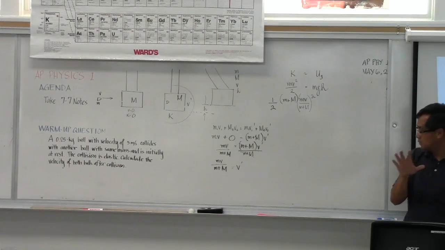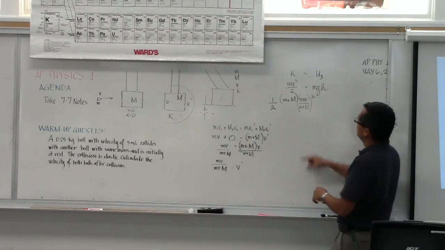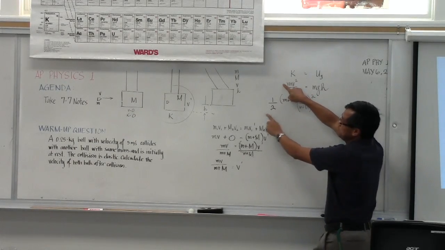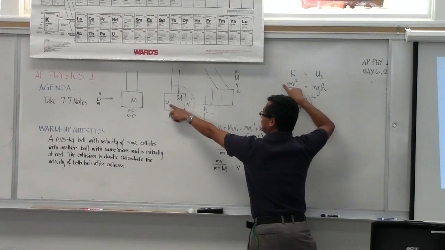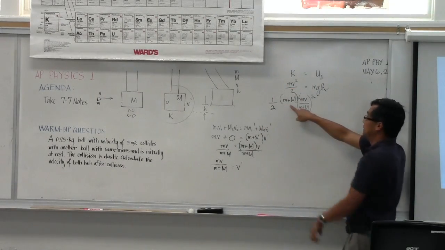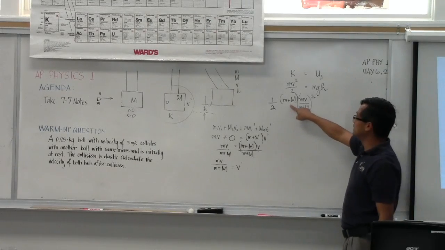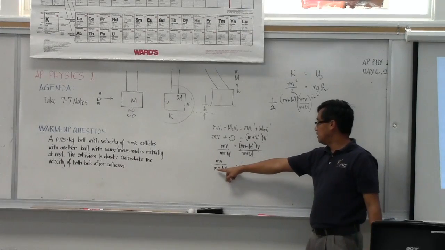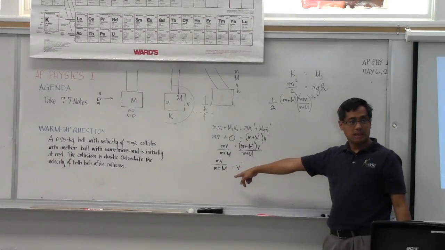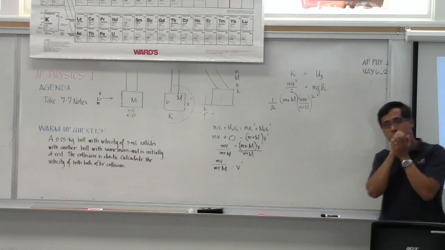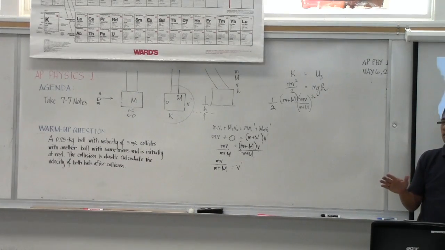Okay, slowing down a bit. Instead of m, since the block of wood has the bullet in it, it's lowercase m plus big M, right? And what is its velocity? We said it's mv divided by m plus uppercase M, and then it's squared. So far, are we good?